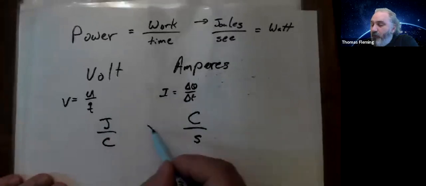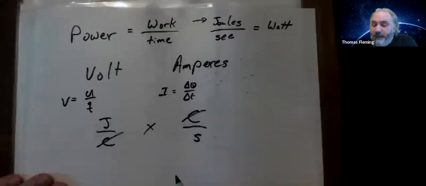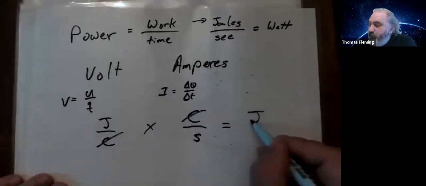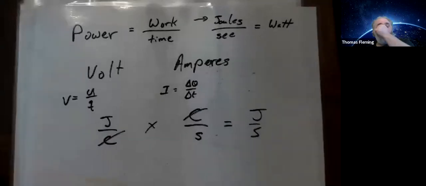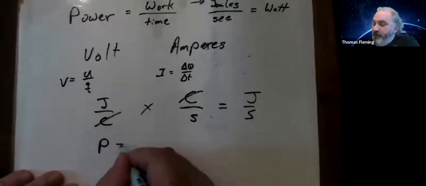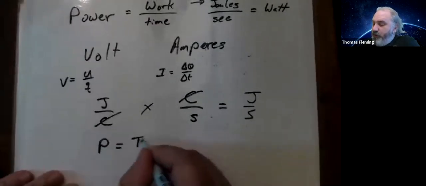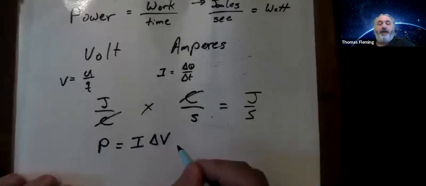If I multiplied those two things together, the coulombs would cancel and it would leave joules per second, which is a watt. So the power delivered to a wire can be deduced just by thinking about units. The power is just going to equal the current that you put through your wire times delta V.